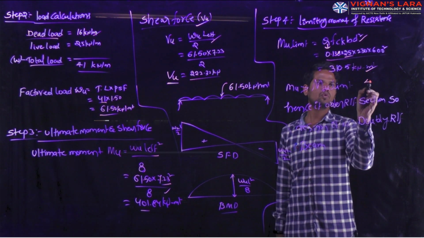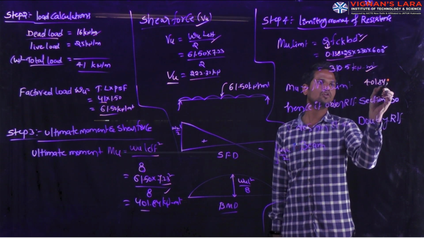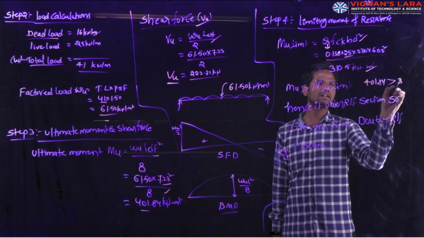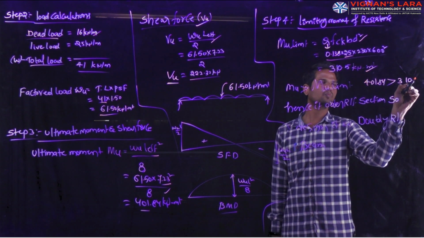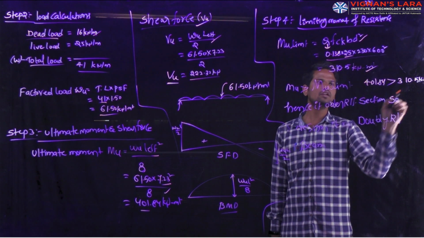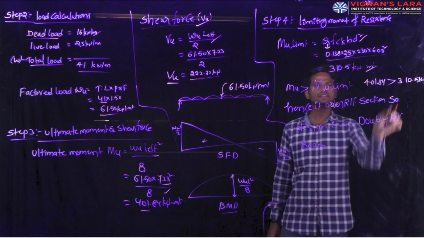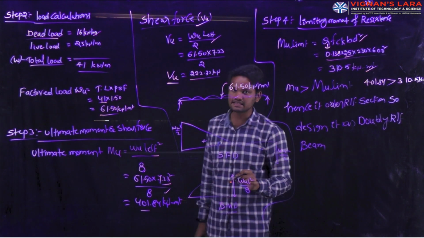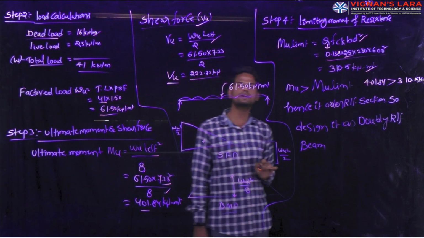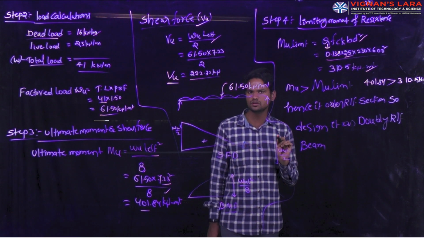That means 401.84 kilonewton meter is greater than the limiting moment of 310.5 kilonewton meter. Under those conditions, you cannot design the beam as a singly reinforced beam section. We have to design it as a doubly reinforced beam.